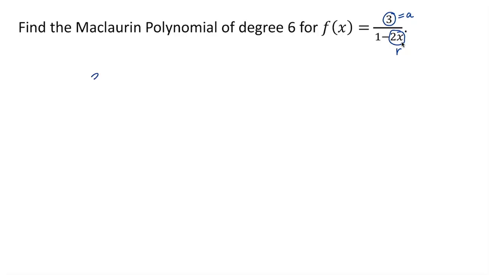So that means that 3 over 1 minus 2x is approximately the first term, 3, plus now we're going to multiply 3 times a copy of r. So we're going to have 3 times 1 copy of 2x. And then the next term will be 3 times 2x squared.